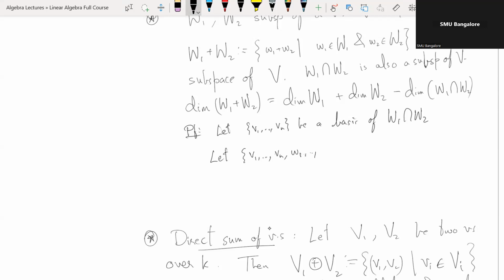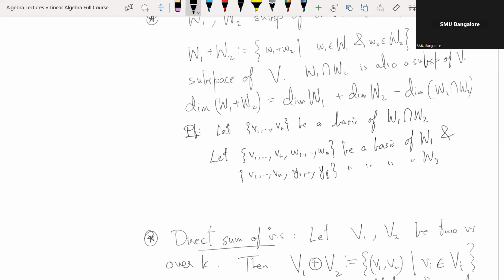W1 to Wm be a basis of W1, and V1 to Vn, comma, let's say Y1 to Yl be a basis of W2.